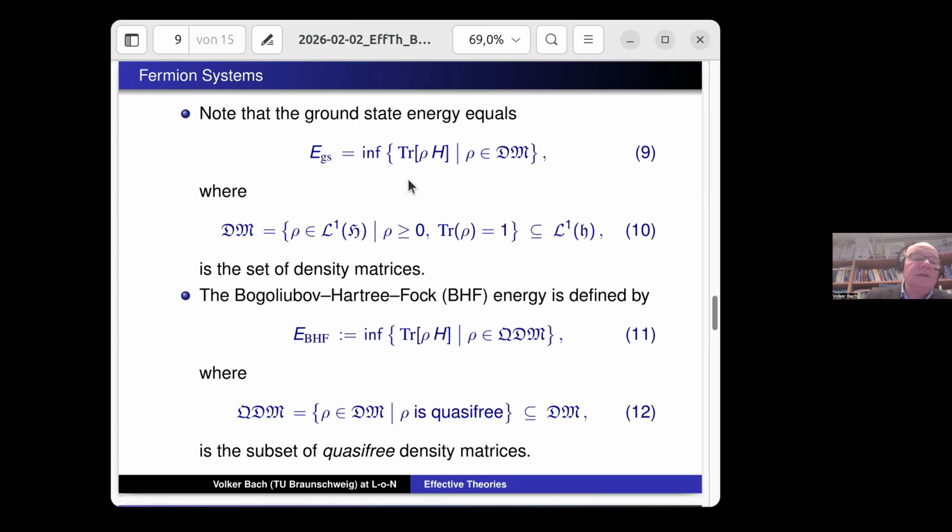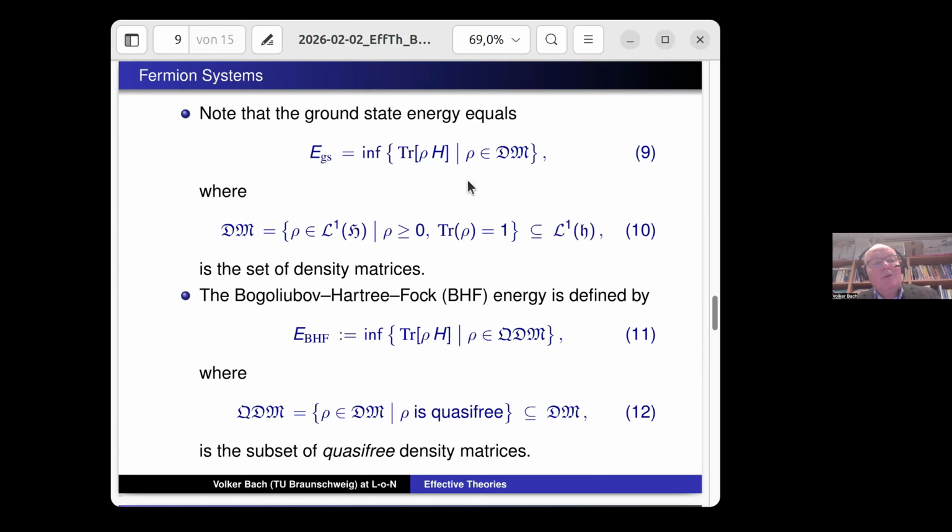So these are the trace class operators on the Hilbert space, which are positive and have trace 1. I do not want to consider here more general states in the C* algebraic sense. This would lead us off. It's interesting, but it's not the topic here today.